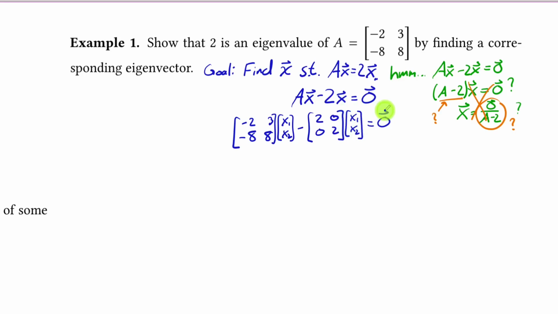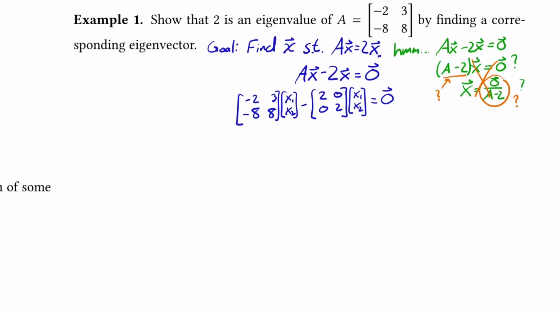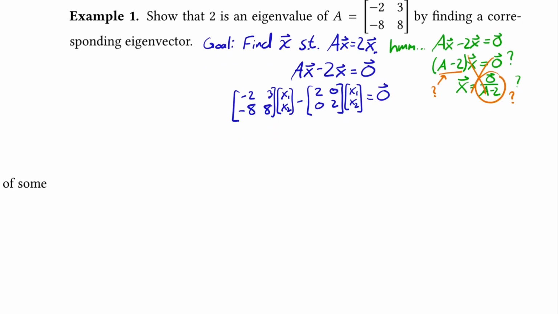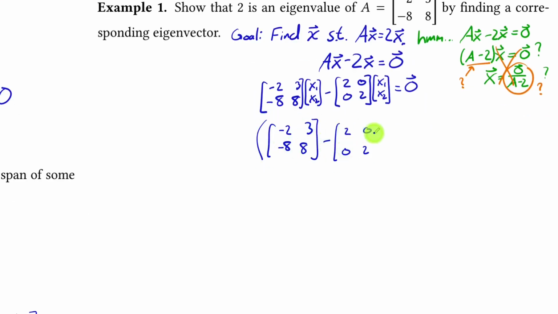That's the same thing as 2 times x, right? You just get 2x1 plus 0 and 0 plus 2x2. So that's the same thing. And now we can factor out the x from this in a way that makes sense. Like so.